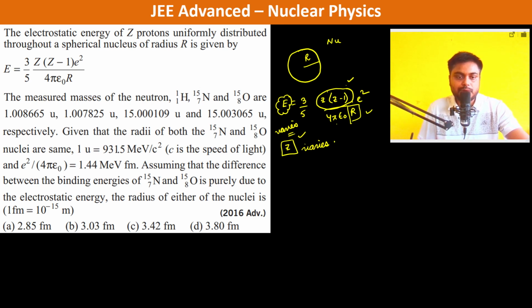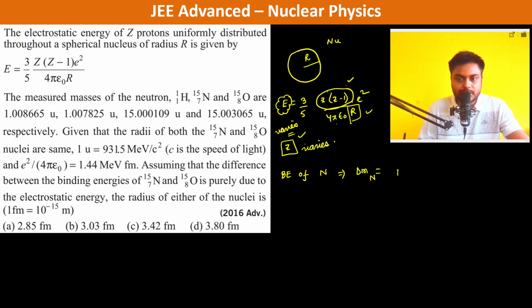Assuming that the difference between the binding energies is purely due to the electrostatic energy, the radius of either of the nuclei is. So first let us calculate the difference in binding energy. First the binding energy of nitrogen. For this, first calculate the delta M, the mass defect of nitrogen, which is nitrogen 15.